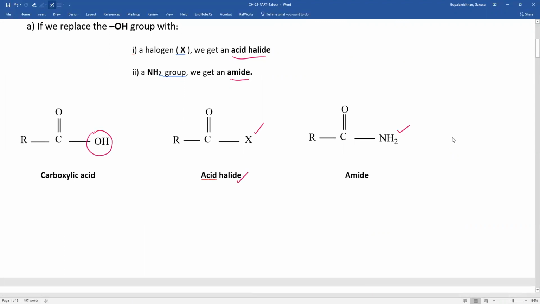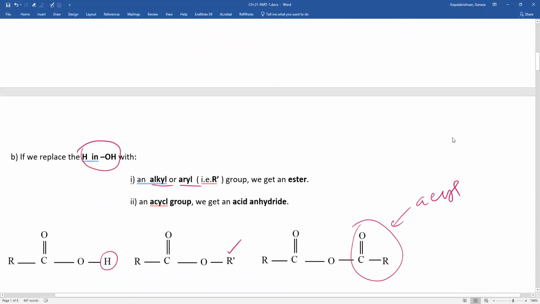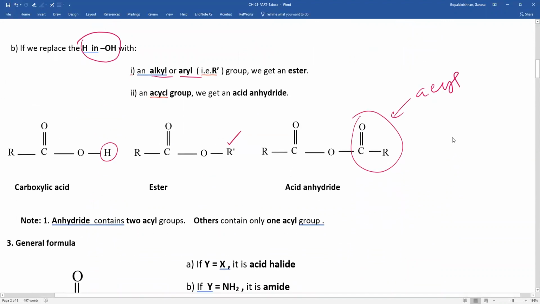Acid halide contains only one acyl group. Acyl group, I said already, this group. Amide contains one acyl group. Ester contains one acyl group. Acid anhydride contains two.